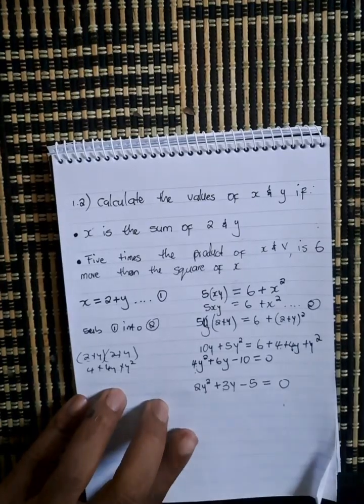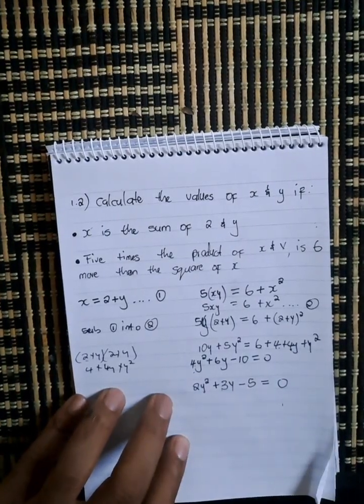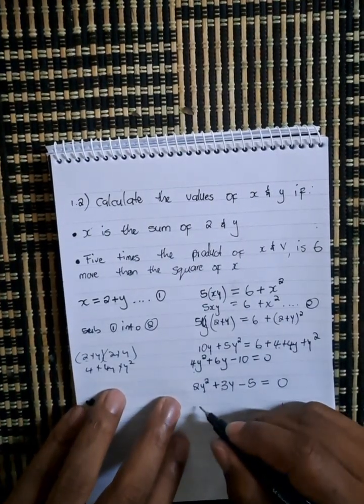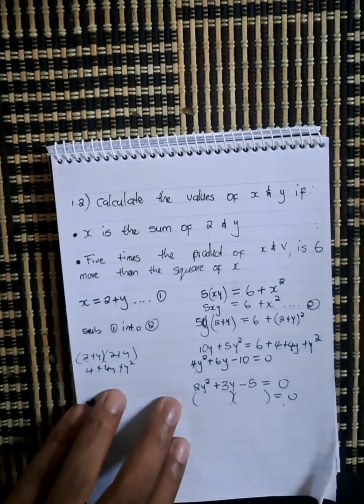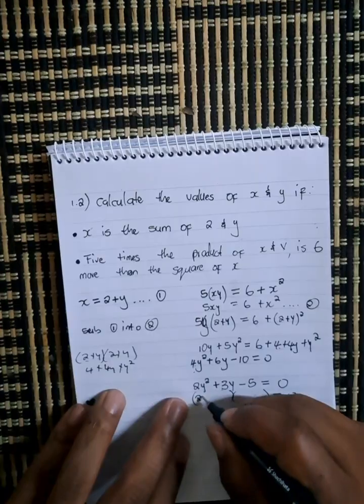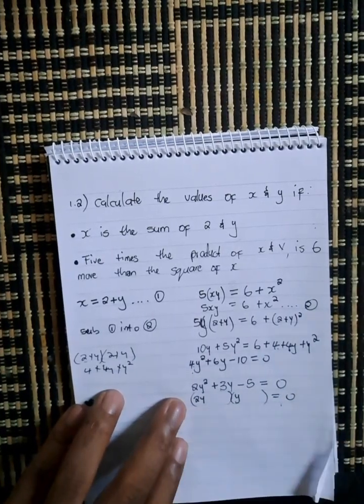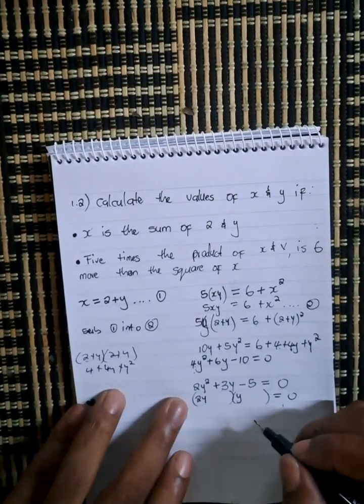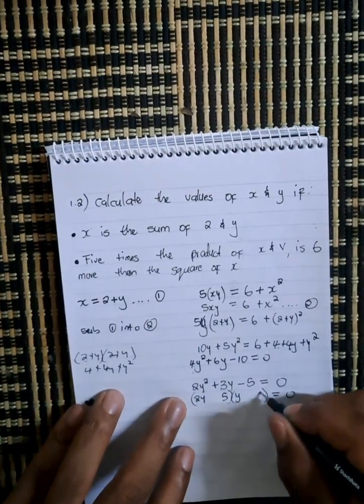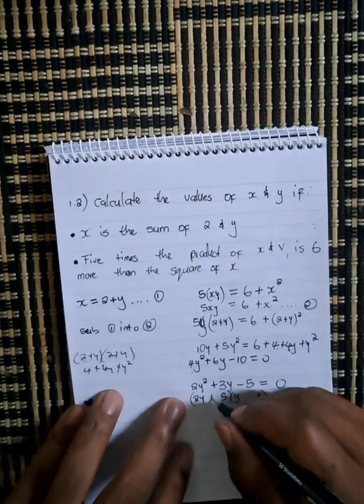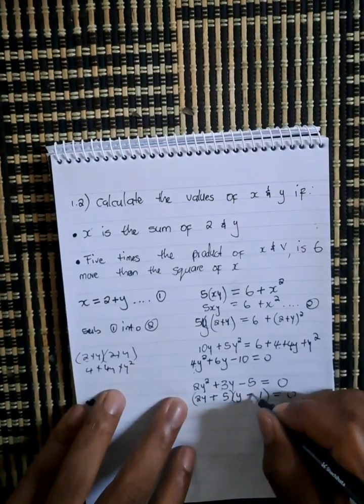Great. From this point on, we are going to factorize it by bringing back the brackets. So 2y and y, and then this is going to be 5, this is going to be 1, and this is going to be a plus, this is going to be a minus.